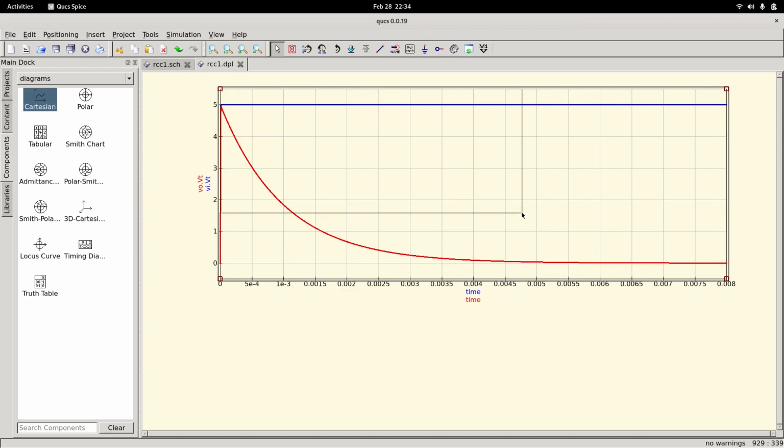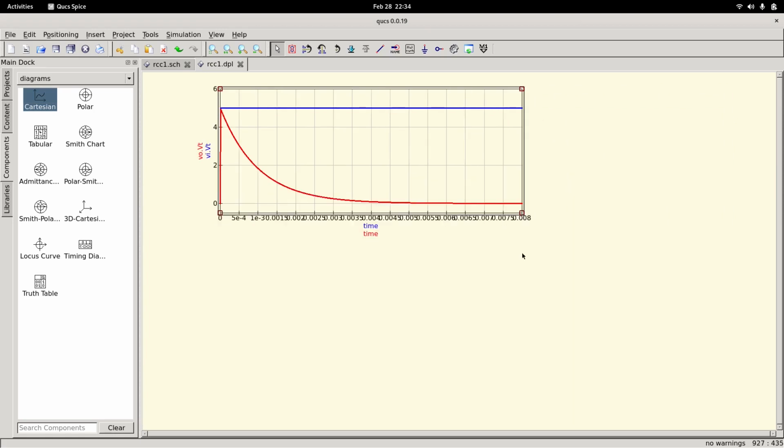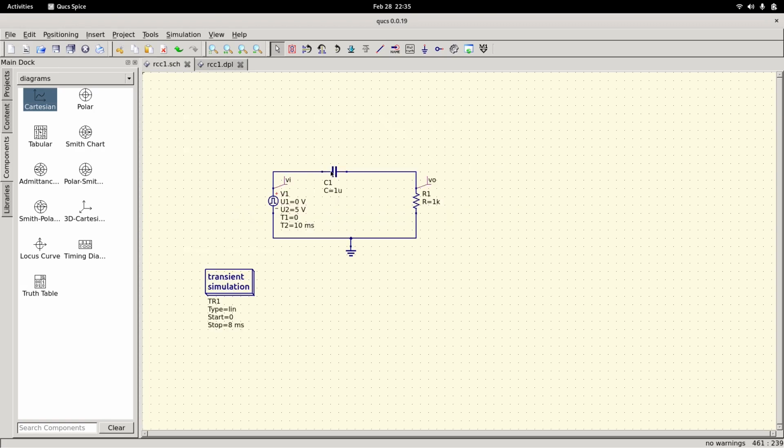Now, suppose you want to measure the voltage across the capacitor. Again, the input voltage is here, the output voltage is here. For that, you have to use a voltage probe. Connect a voltage probe here.